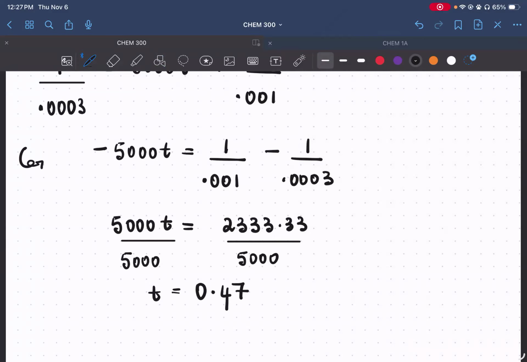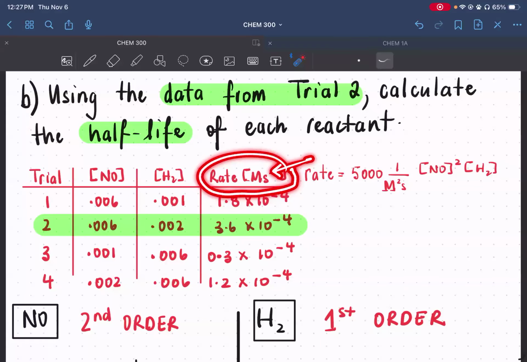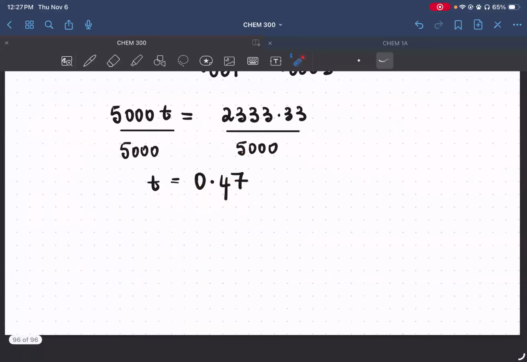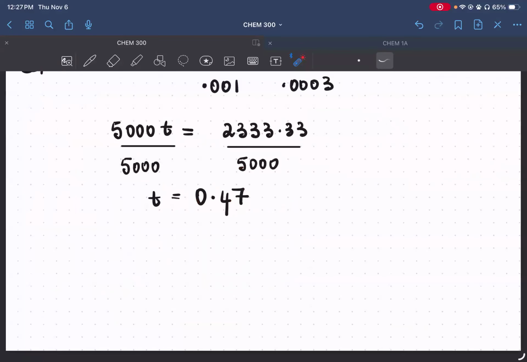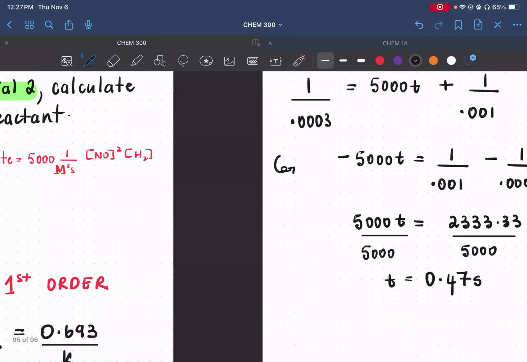So what unit of time are we working with? We know, from the table, we're working with seconds. 0.47 seconds. Of course, time will only ever be in seconds, minutes, hours, or days. That will be evident based on the units in the table.